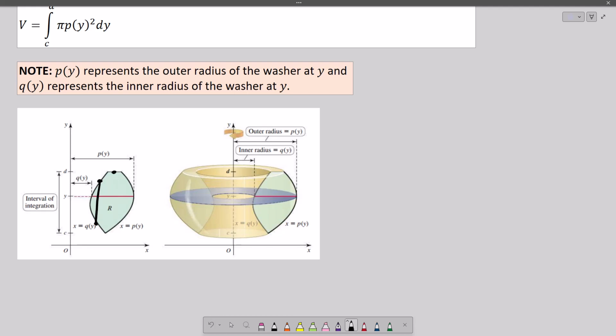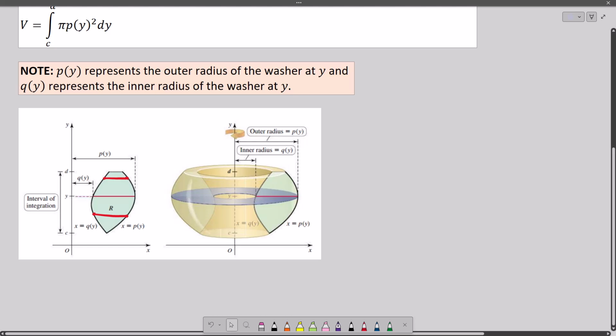You do not want to use a vertical rectangle. We want to use horizontal because no matter where you draw your horizontal rectangle, your horizontal integration element, you always have the same left curve and the same right curve. Doesn't matter where you draw that horizontal line. So that tells us dy. We're going to integrate with respect to y.